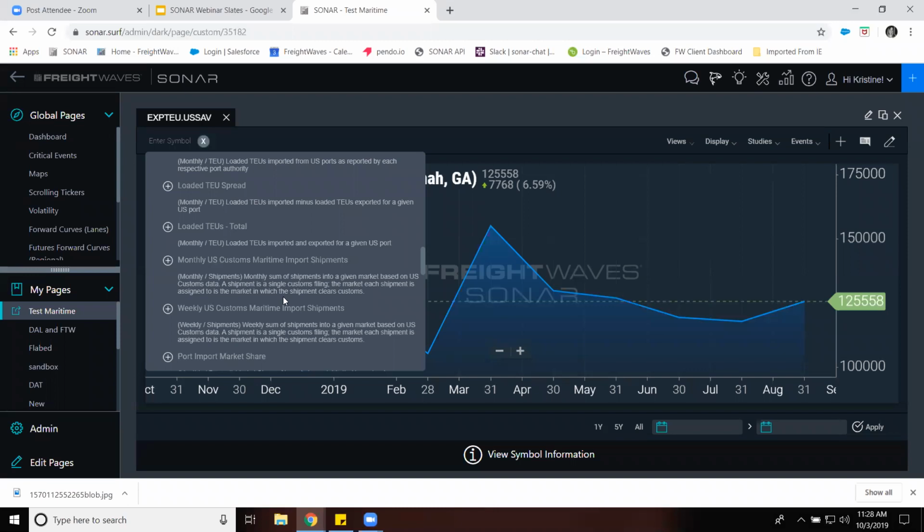For maritime specifically, I think a lot of you who are familiar with how it works are not getting great information about trade lanes, about port to port. When I say that, I'm talking about capacities. What are inbound and outbound potential TEU capacities? How much space is available on those ships at any given time?